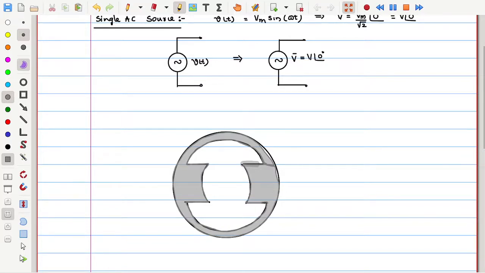So we cut the simple magnetic piece into this shape.